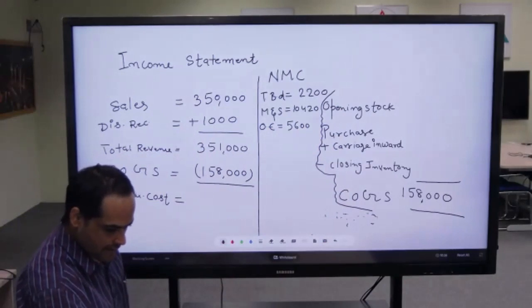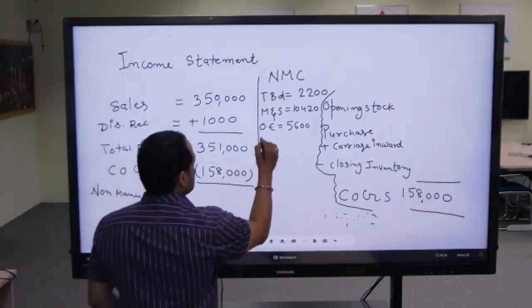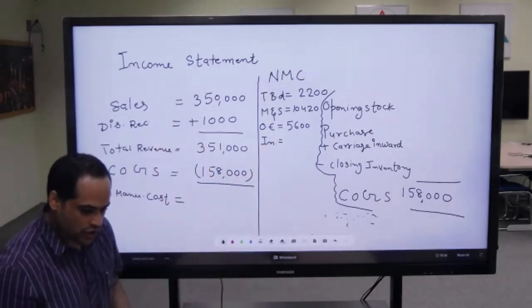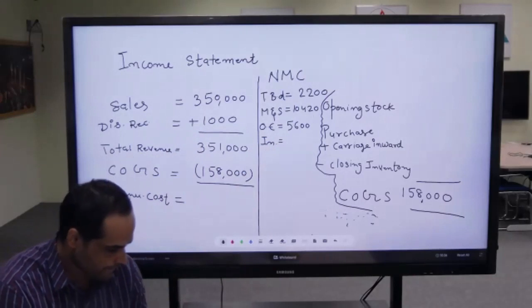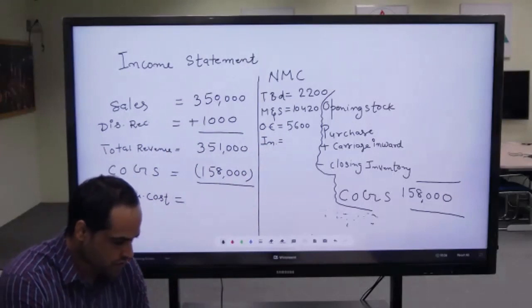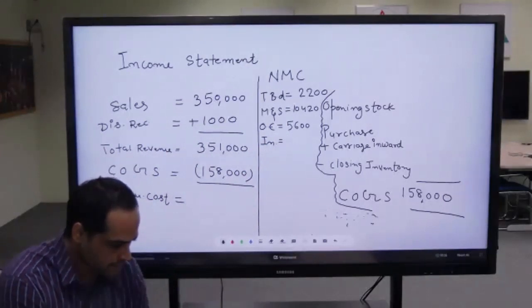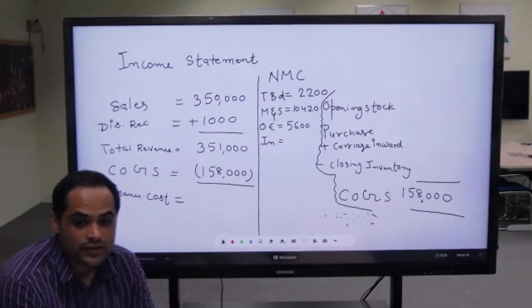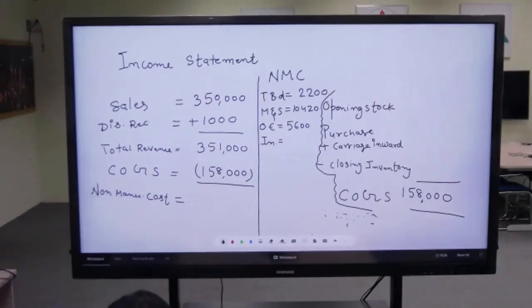Next is insurance. How much is insurance? 6,700? Not really. Not 6,700. 7,700? Not really.